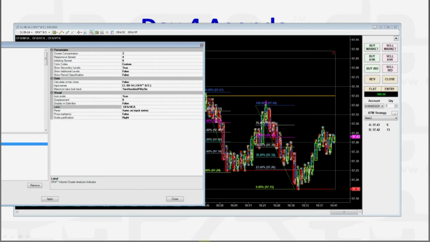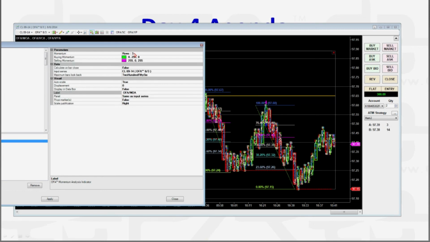And my volume cluster analysis is this 3-4 initiating spread 6. And instead of having it 3-5, I have it 4-6. I actually could make that probably a little bit bigger because the range on oil is typically a little bigger. But right now I've got it set at 4-6 in terms of responsive spread and initiating spread for the VCA.